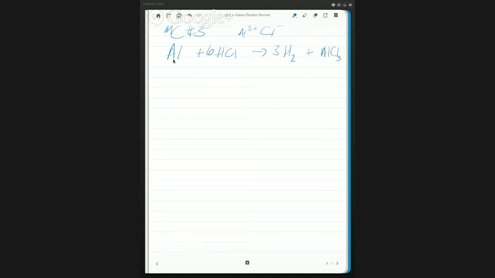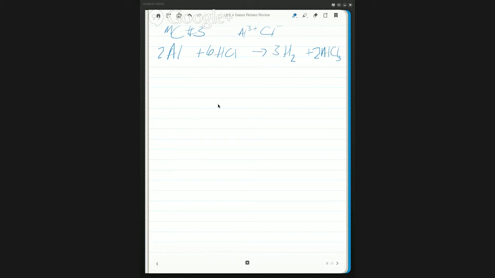So I have 1 Al, 1 Al, 6 H, 6 H, 6 Cl. Oops, that's not going to work. I'm going to have to put a 2 over here, so now I have 6 Cl, and that means I'm going to have to put a 2 over there to make, okay, 2 Al, 2 Al, 6 H, 6 H, 6 Cl, 2 and 3 is 6 Cl.